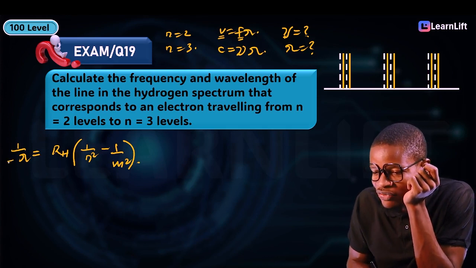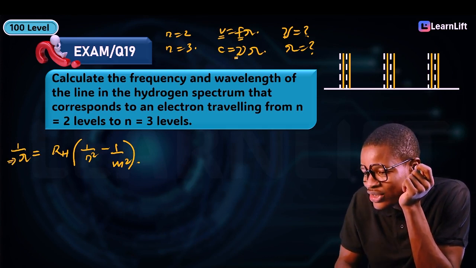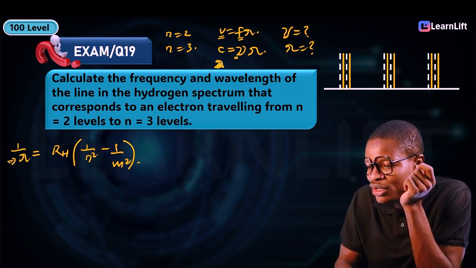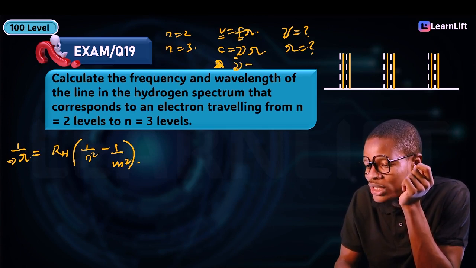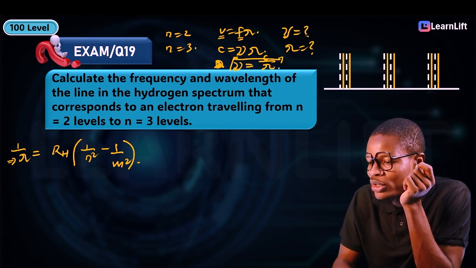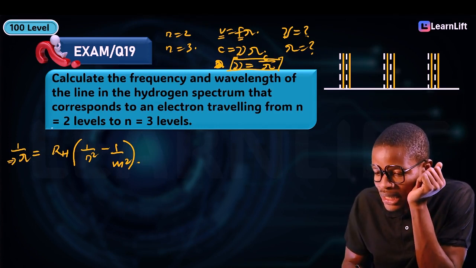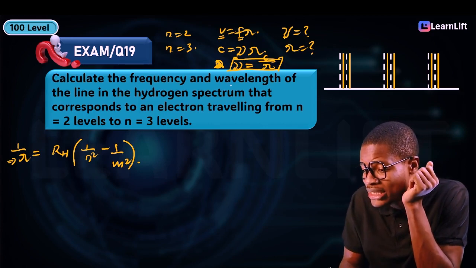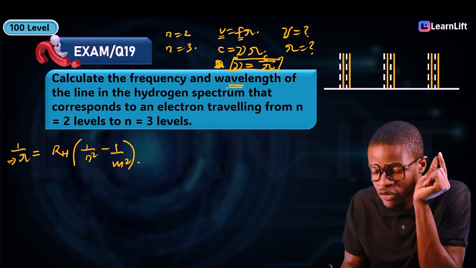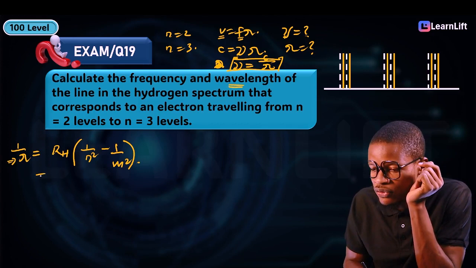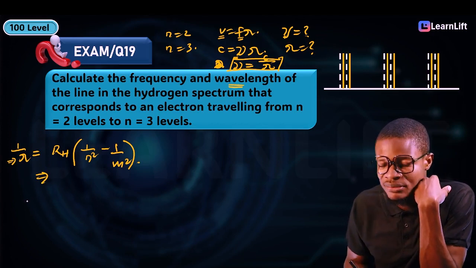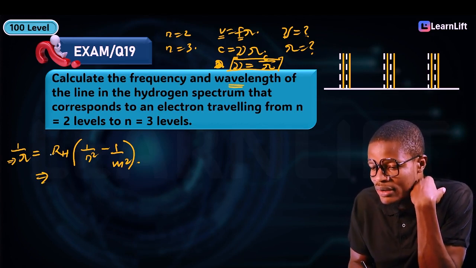We can get wavelength from here, but frequency, no. Frequency nu is equal to c over lambda. Don't forget that. But let's get our lambda first. That's why it says calculate frequency and wavelength. You get wavelength first before frequency. You can pause this class so that you get the answer. That's going to give us, what's our Rydberg's constant?